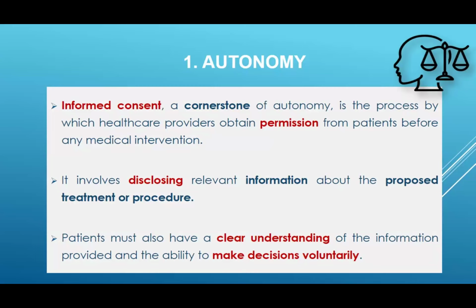So when you give a patient the right to make a decision, he must be aware, he must have health literacy. You must evaluate his health literacy level, and you must evaluate his competency level. Is he competent to make a decision or not?